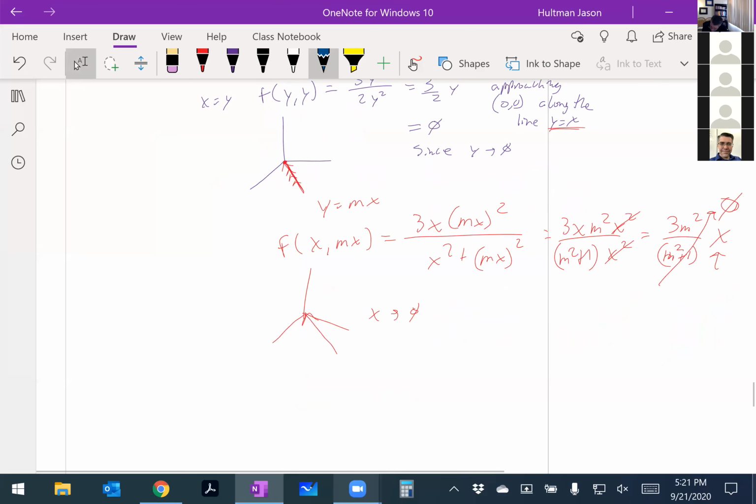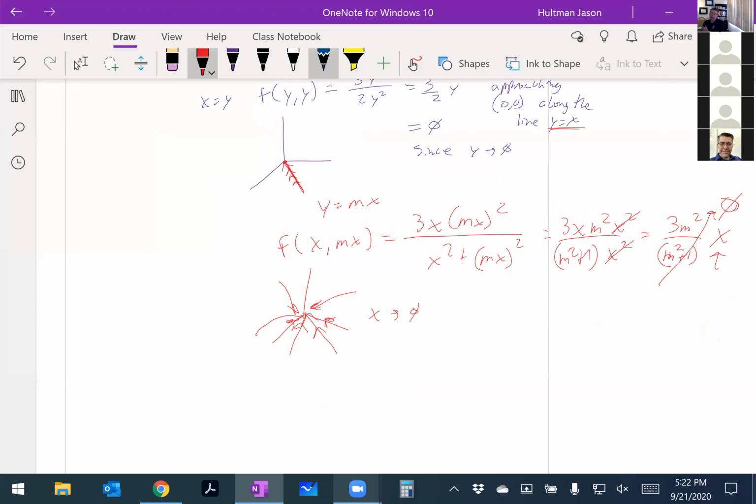No matter what path I try to take here to 0, if I come in this way, or this way, all paths, we already saw that way, and any linear path. We could say, well, what about any quadratic path? What about any of those other paths?